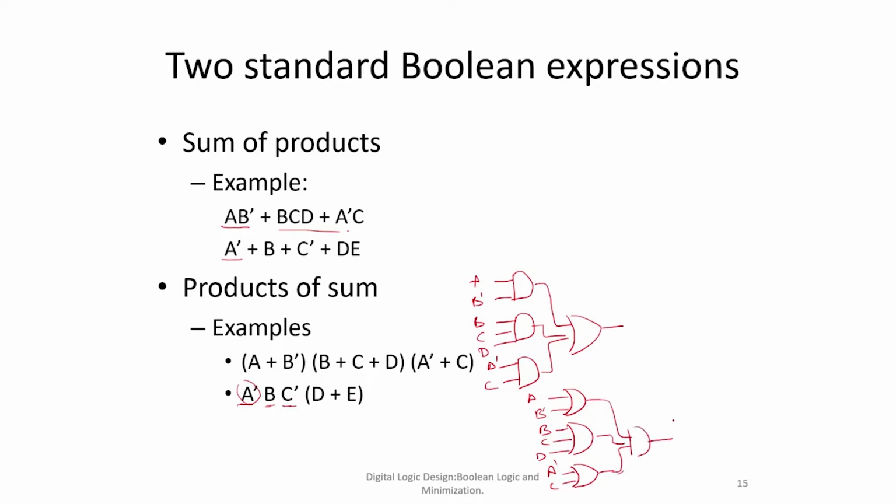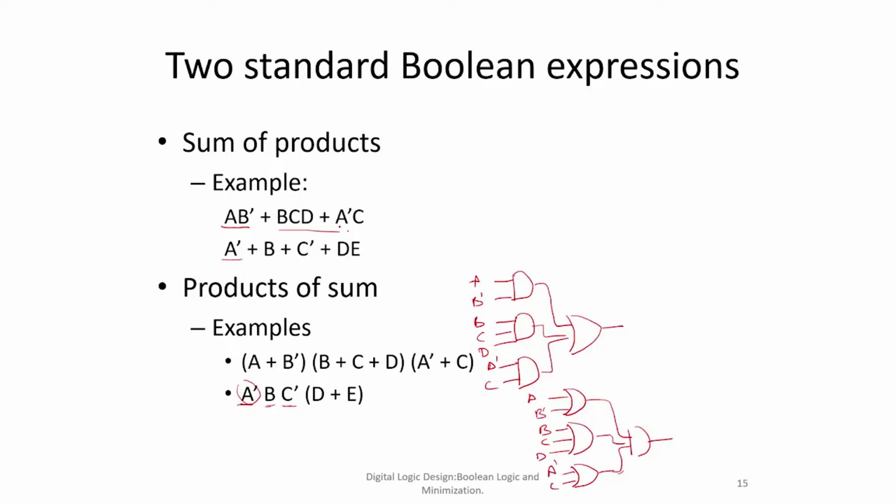So if you see the complexity of implementation of sum of product or product of sum, they are essentially equal if the number of literals and number of terms are same. So if you see here, the number of literals are 1, 2, 3, 4, 5, 6, 7 and number of terms are 3.